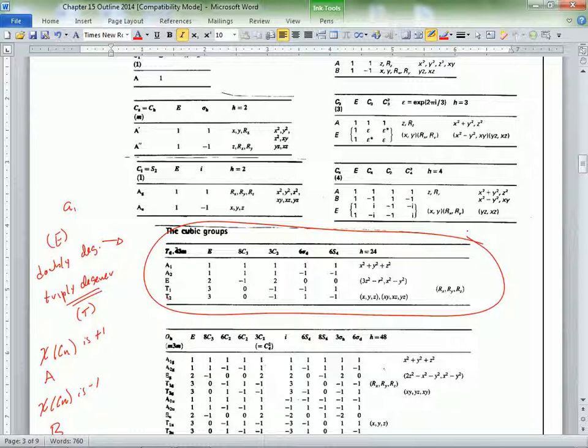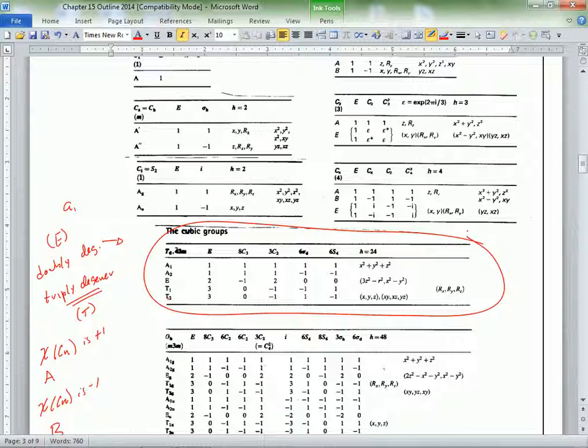Okay. So if we add up all the characters, let's write it up here. The sum of all the characters, does that equal a constant times the sum of all the characters of A1? I'm kind of making up my own little function here. The book doesn't really have it. You see what I'm trying to say? Add up all the characters.